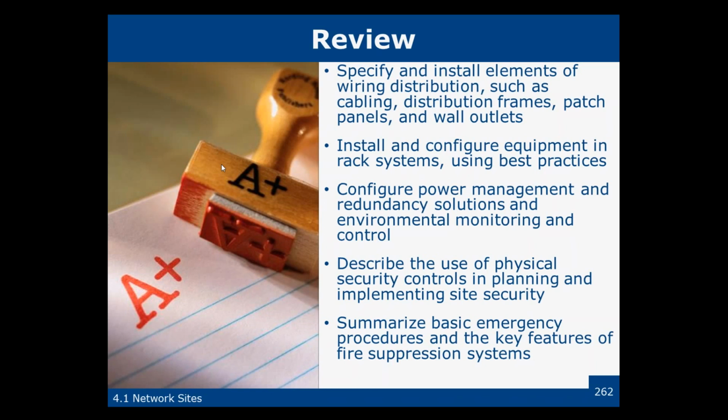Configure power management and redundancy solutions and environmental monitoring and control so that we don't get it too hot, too cold, filtered air, those kinds of things. And you need a backup. We had the cooling system in the NOC fail several times, and they bring in a portable AC, and you need to know where to get those just in case you don't have redundancy and you do have a system failure. The use of physical security controls and then the basic emergency procedures.